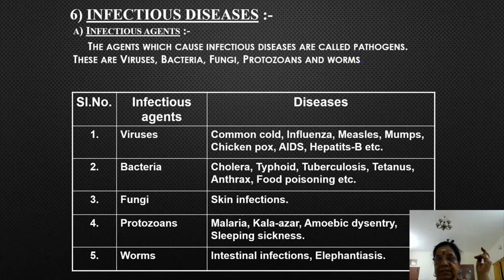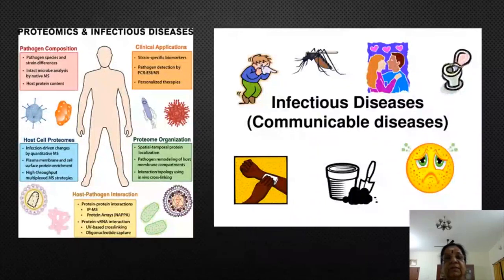Whereas worms are causing intestinal infections and elephantiasis. I hope you are able to follow this. So this is a table of infectious agents and the diseases caused by them. Then next one, this is just the way of spreading the diseases.